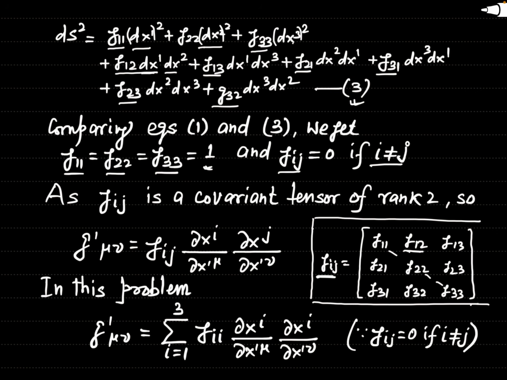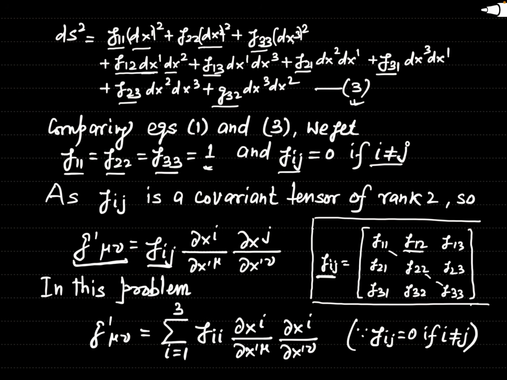So consider that the components of this metric tensor Gij in the primed coordinate system are G prime mu nu. What is this G prime mu nu? These are the components of the metric tensor Gij in the primed coordinate system. As you know, this Gij is a covariant tensor of second rank. So by using the law of transformation of a covariant tensor of second rank, you can say what these components G prime mu nu will be.